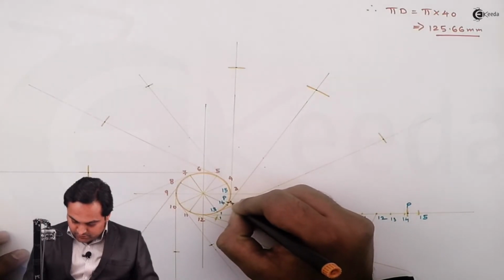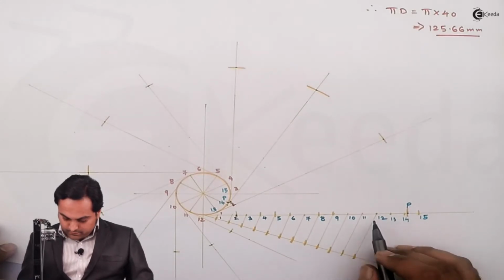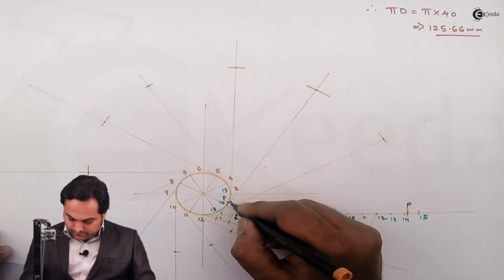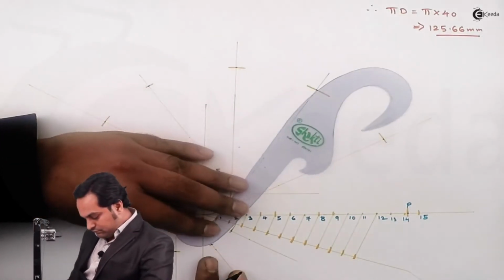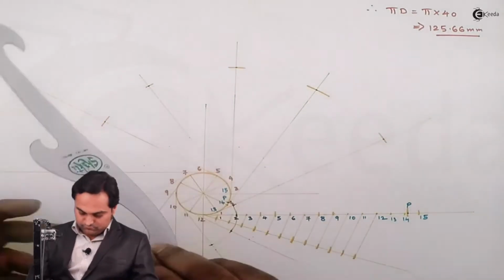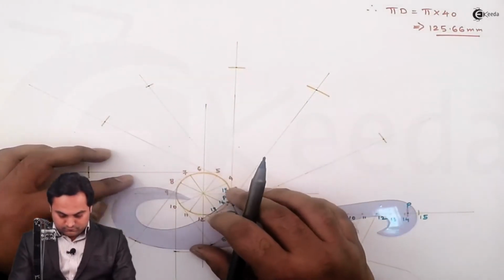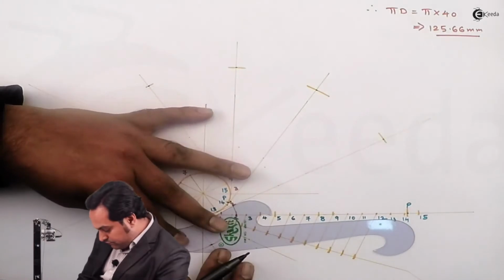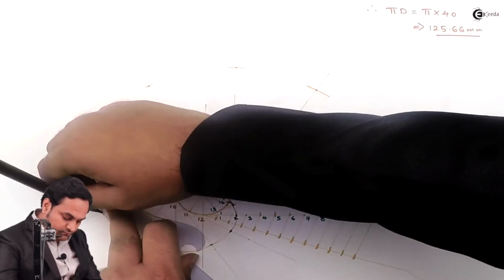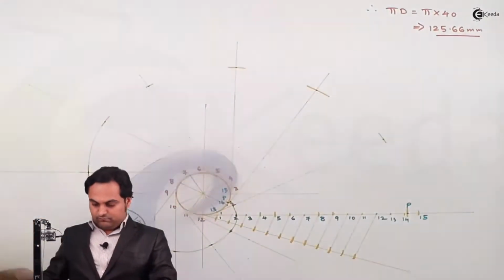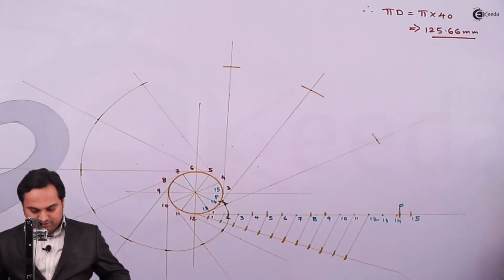This I can just slightly draw freehand. At 12 it was cutting here. So joining those points in proper sequence.